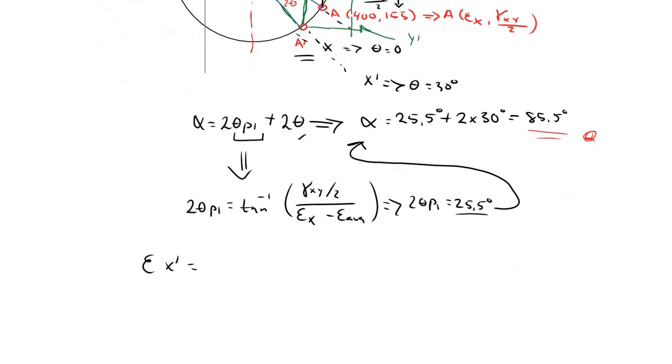Okay, so our strain in the transformed x-plane is simply just our strain average plus our radius times cosine of our new angle, which we just found, so 85.5 degrees, times 10 to the minus 6.